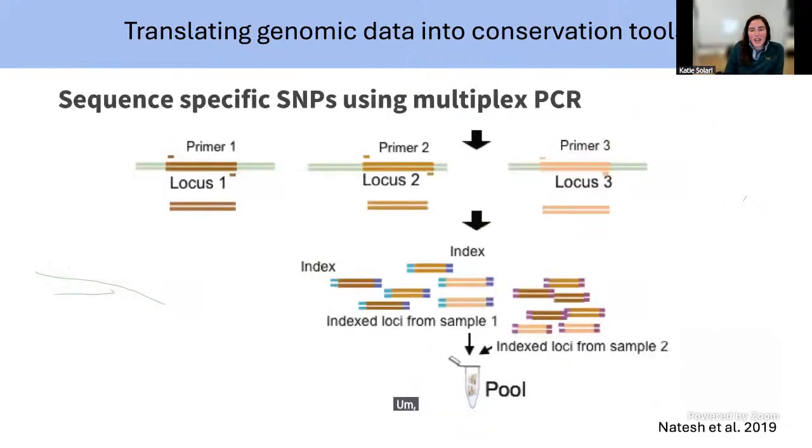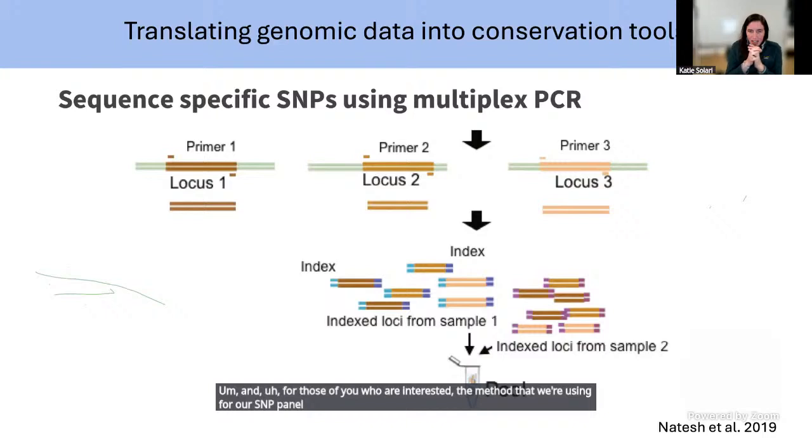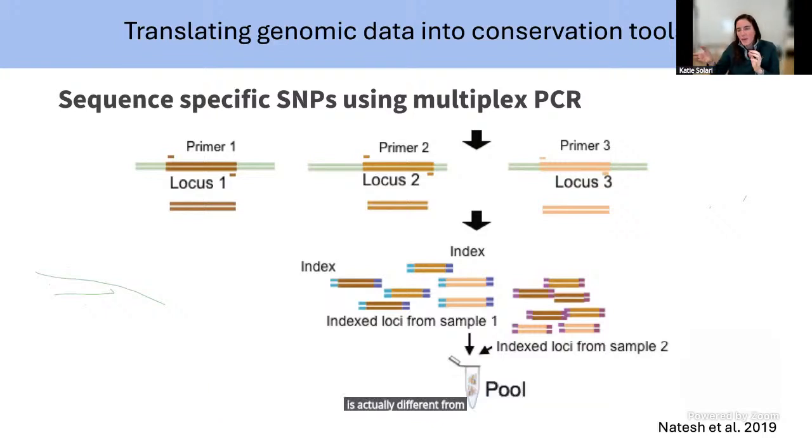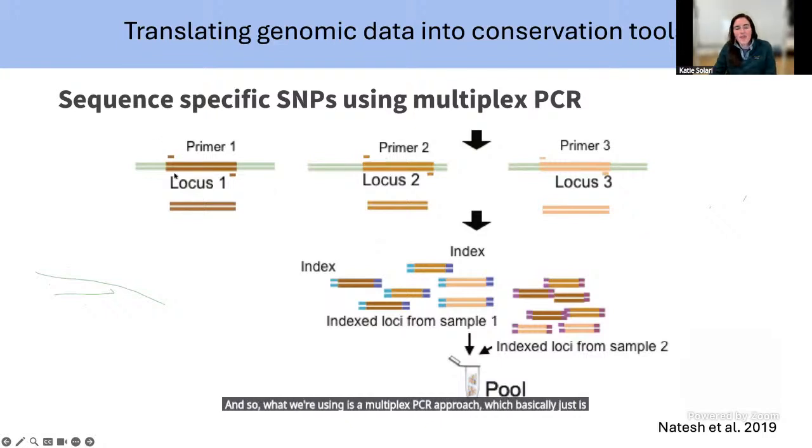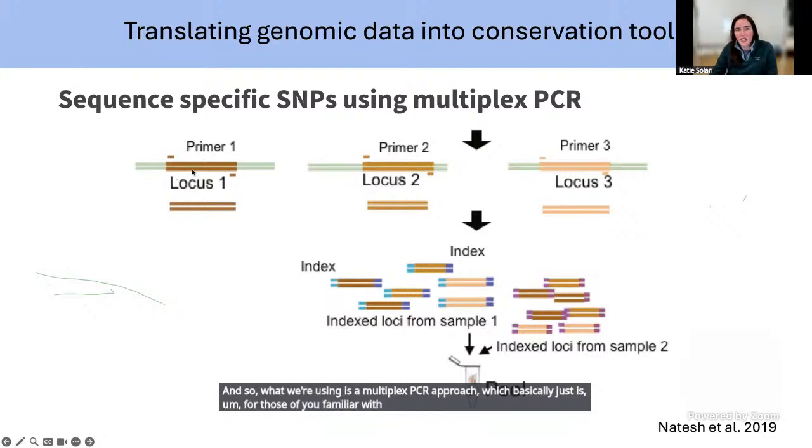And for those of you who are interested, the method that we're using for our SNP panel is actually different from what many people use, and we've chosen this process in order for the protocol to be able to be deployed in any country. What we're using is a multiplex PCR approach. For those of you familiar with PCR, you have your locus of interest that you're trying to amplify.